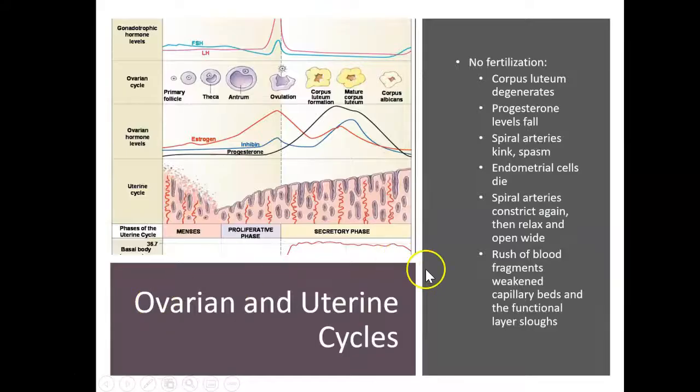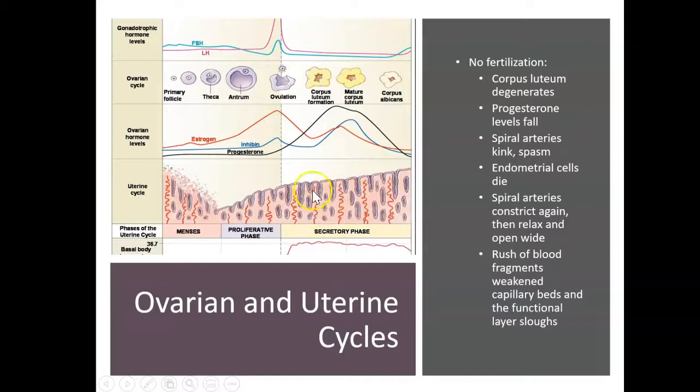If we were to combine the two cycles, so here's the uterine cycle, here's the ovarian cycle, this is a great visual to compare them. So during primary follicular development, until we get to that antrum, this is going to be during menses, and at this point in time, we have estrogen levels rising, inhibin levels rising a little bit until towards the end, day 14, and progesterone is also slightly rising.